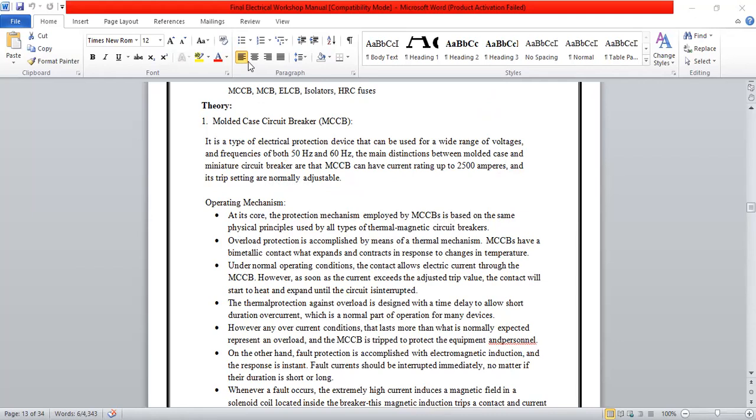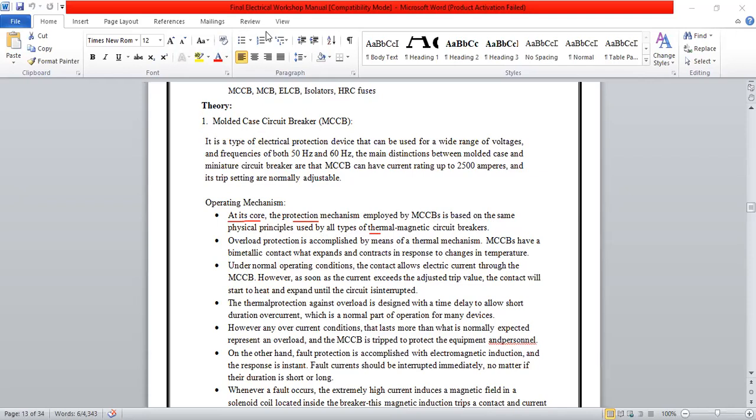Okay, so first, the operating mechanism means there is some core necessary, and its protection mechanism will be employed as an MCCB. This protection mechanism is based on the same physical principle used for all thermal magnetic circuit breakers.